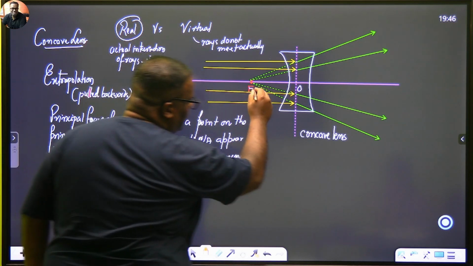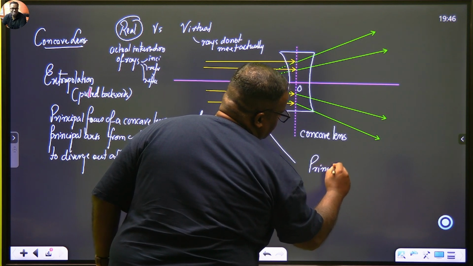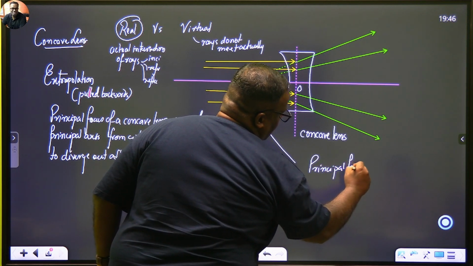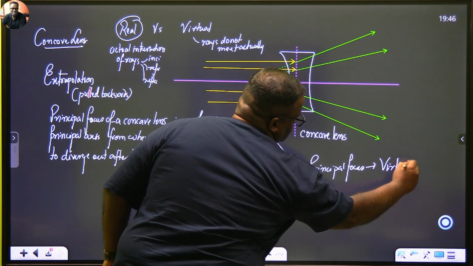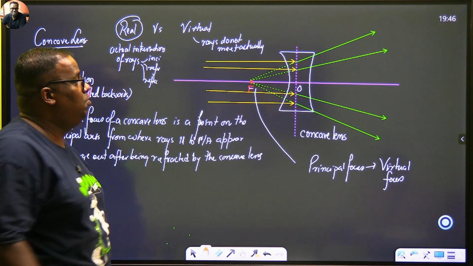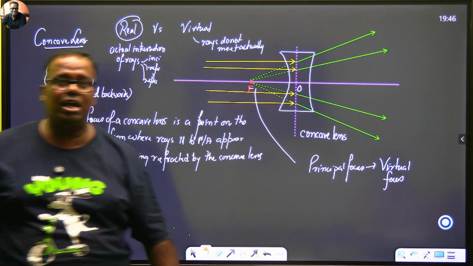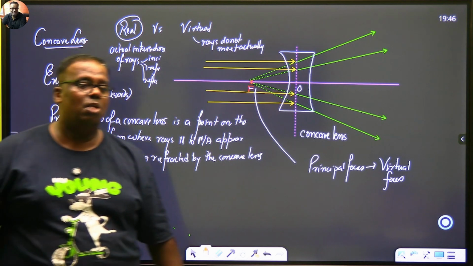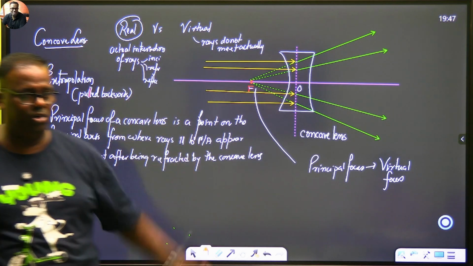So here when we talk about the principal focus, I will call this principal focus as a virtual focus. Sir, why are you calling it a virtual focus? Because this focus has been attributed not by actual intersection of rays, but by rays which has been thought, or you have pulled them backwards.